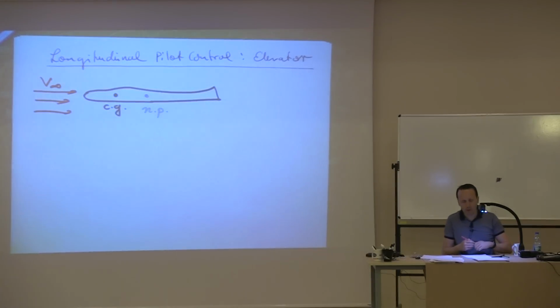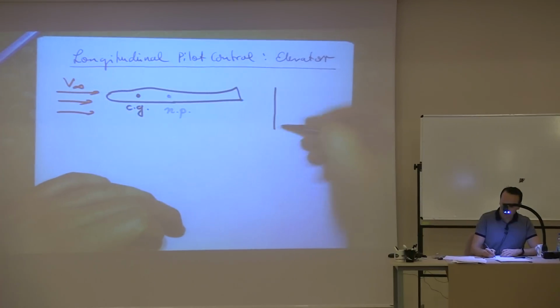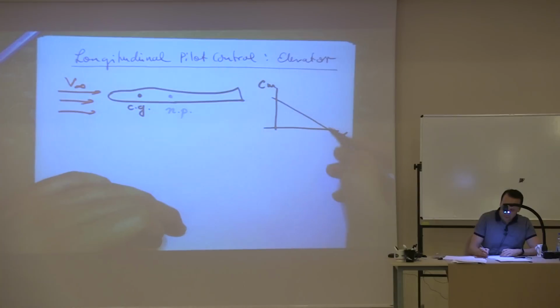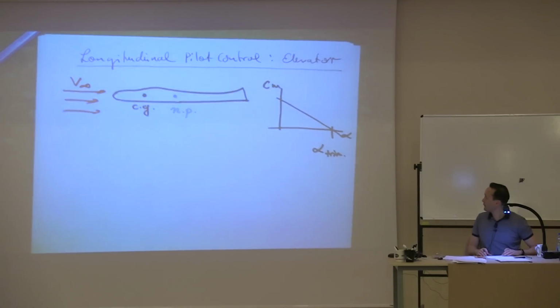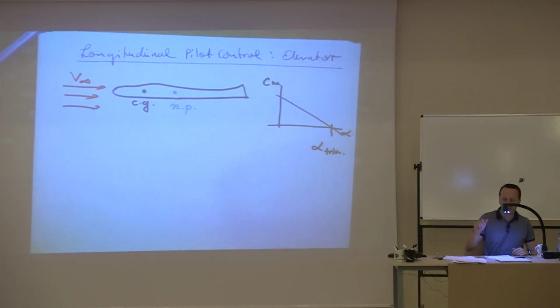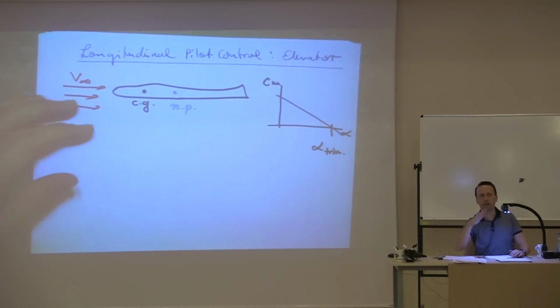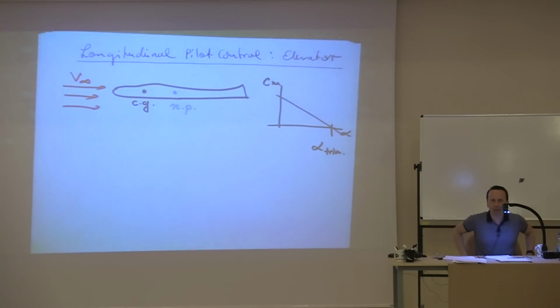Okay, so what can we do? This is my CM alpha graph, and this is my curve, and this is my alpha trim, and let's say I'm in trimmed flight and I'm flying forward. Now, the pilot wants to pitch up, put the nose up. How can you put the nose up?